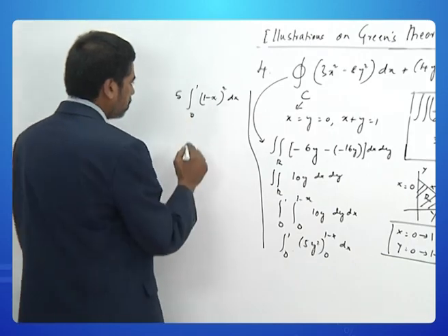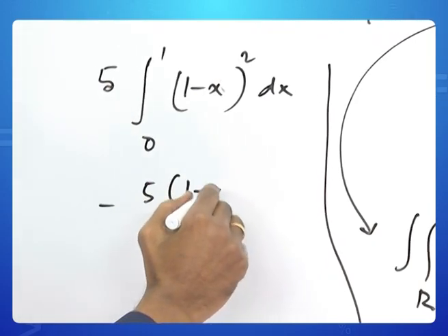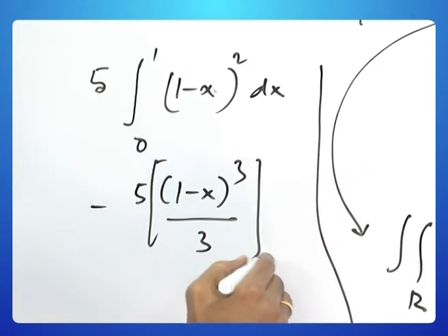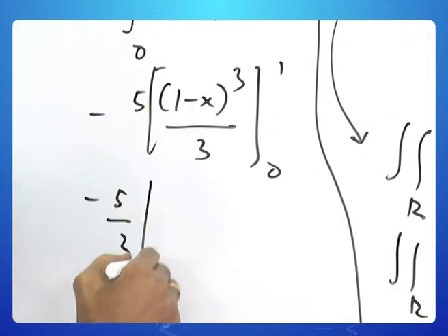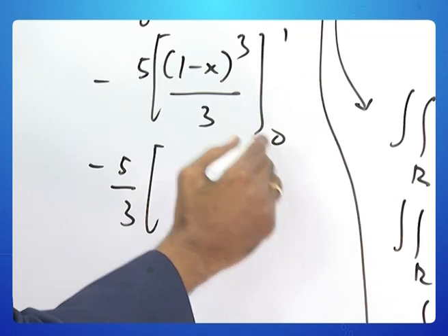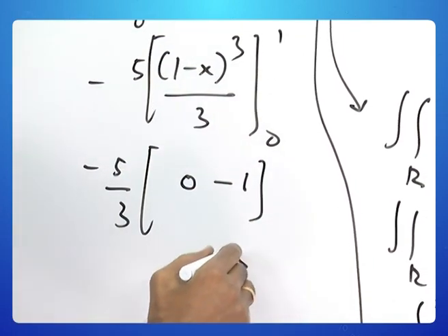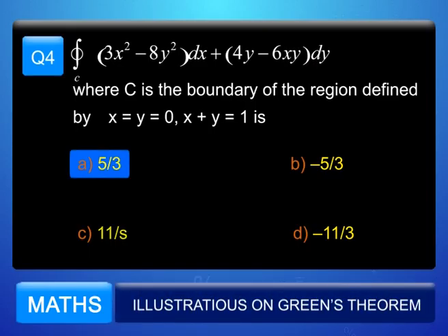Need not expand, but you can directly integrate. You will get −5 times (1 − x)³/3 from 0 to 1. The upper limit makes it 1 − 1 = 0, the lower limit makes it 1 − 0 = 1. So 5/3 is the output, and you can see A is the correct option.